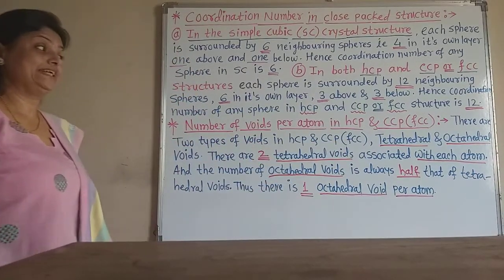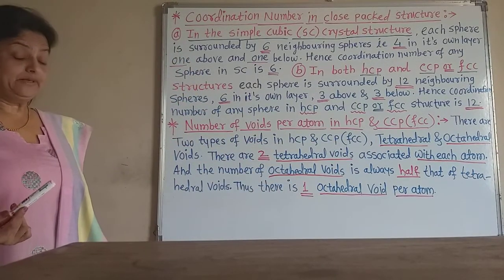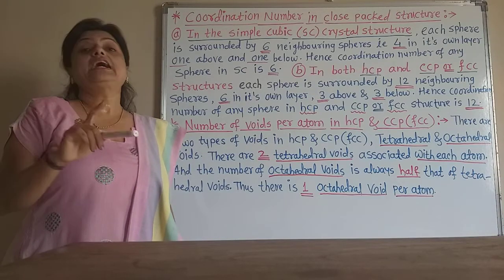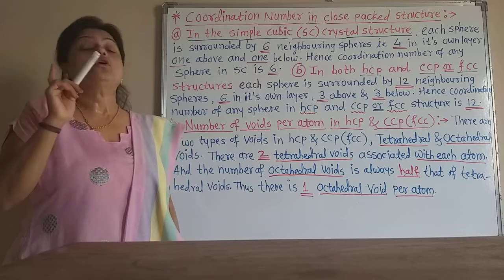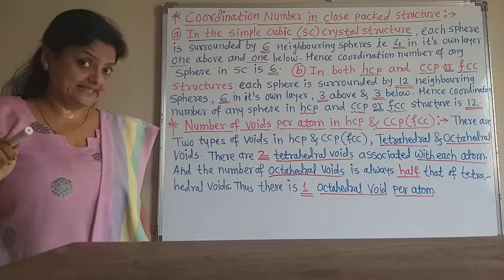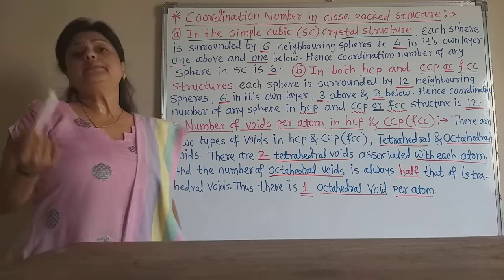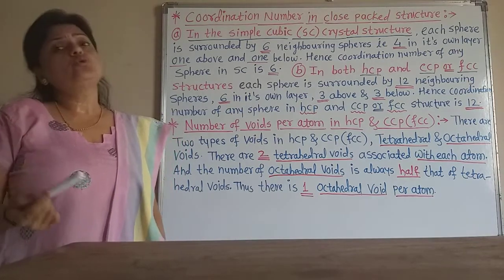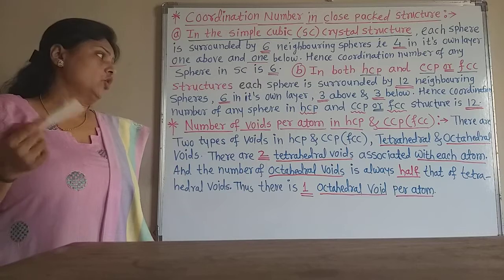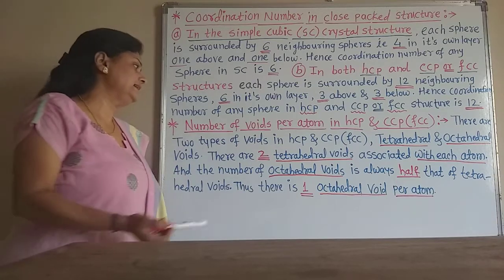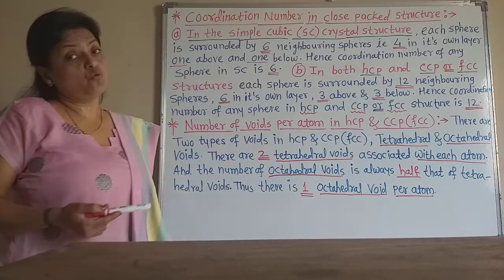That means if there is one atom in the unit cell, then there are two tetrahedral voids in that unit cell. Remember that.